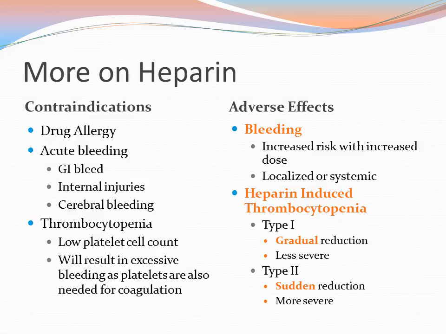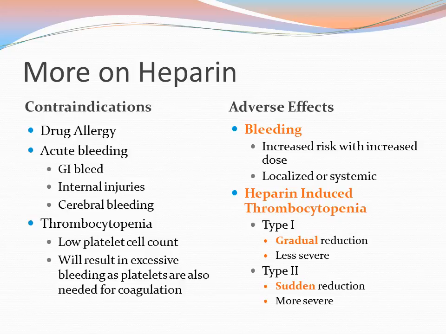We divide it into two different types. There's type 1 versus type 2. Type 1 is classified as a gradual reduction in platelet count, so it'll just be a small drop. That small drop is typically not concerning, so heparin therapy will typically be continued and the patient will just be monitored. They'll keep their eye on the platelet count, but they're not going to get too excited if there's just that small or gradual reduction in the platelet count.